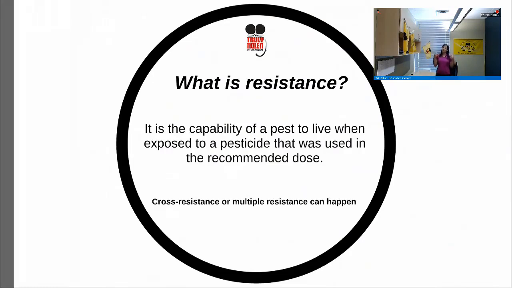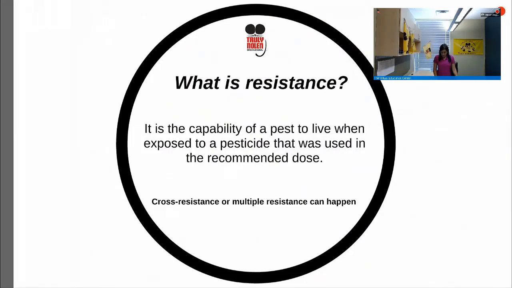So they have 2 or more mechanisms of defense against more groups of pesticides. So as I said, with the German cockroaches, there are studies that show that some populations of these cockroaches are resistant to pyrethroids and phenylpyrazole, which the active ingredient is fipronil.